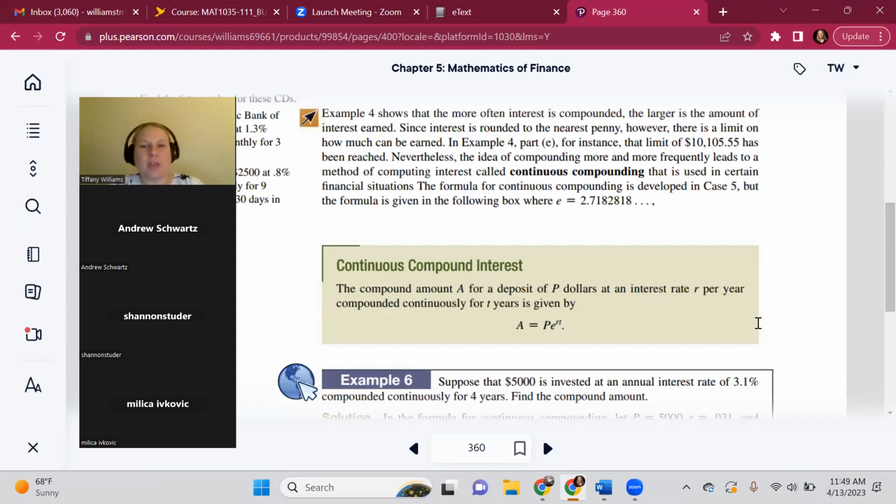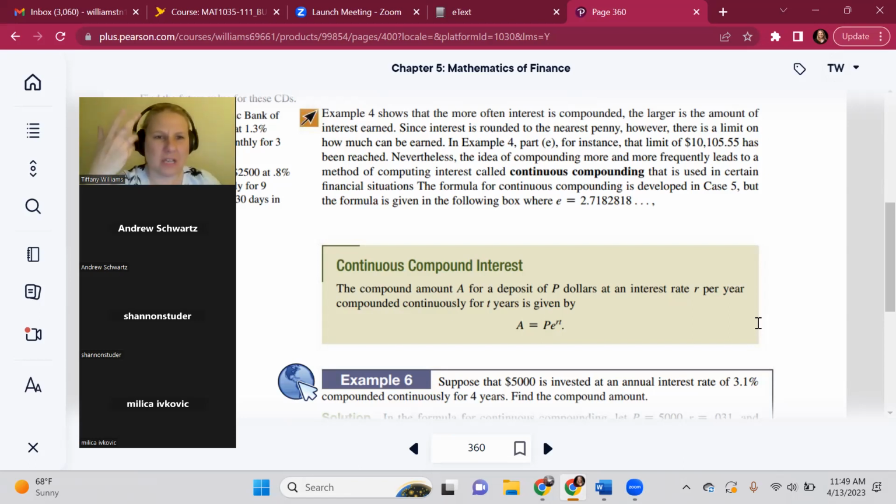So why do we talk about it? Continuous compounding actually makes for a great model for us to make predictions about things and to see where things are headed. But again, this actual act of doing continuous compounding in the real world doesn't exist. So we learn the formula, we look at an example, but this is not something you're actually going to be able to do. You're not going to be able to open an account that does continuous compounding. Trust me, if credit cards could find a way to continuously compound on how much they're charging you, they would, but they don't.